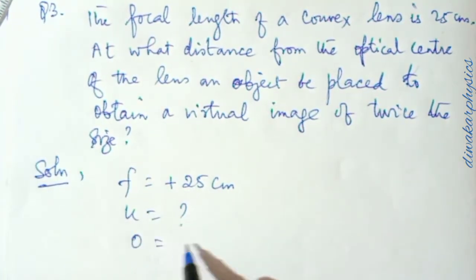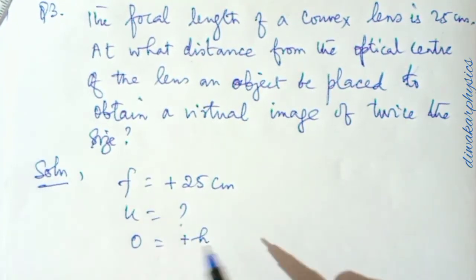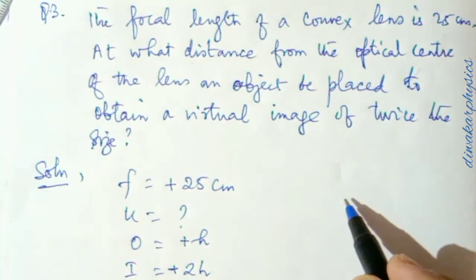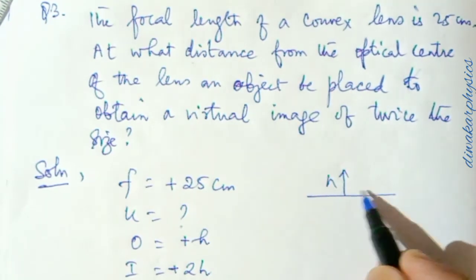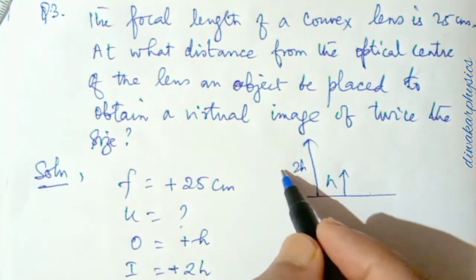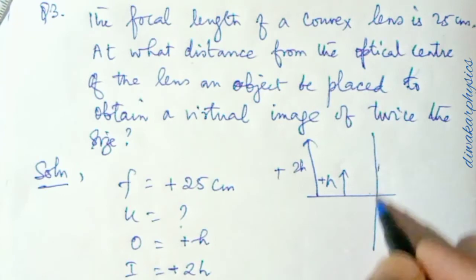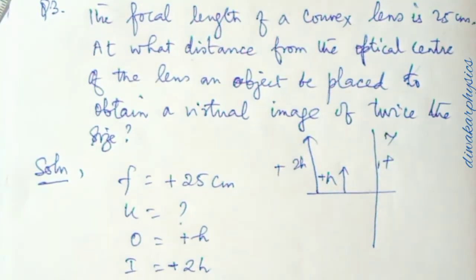Now if the object height is h, or you take height plus h, then the image height is twice, virtual image, so plus 2h. Virtual image is always erect. So both are virtual, standing along the positive y-axis. That's why plus h, plus 2h.